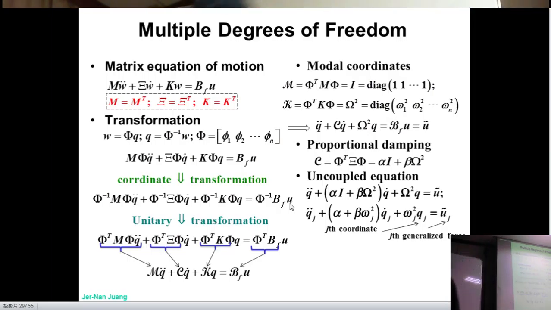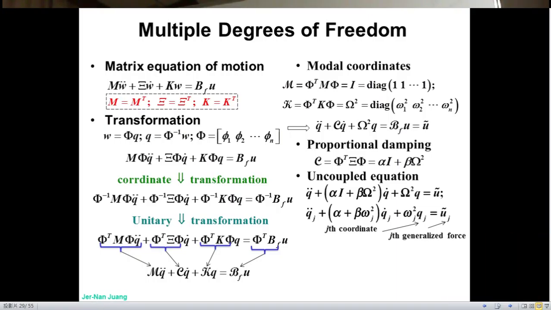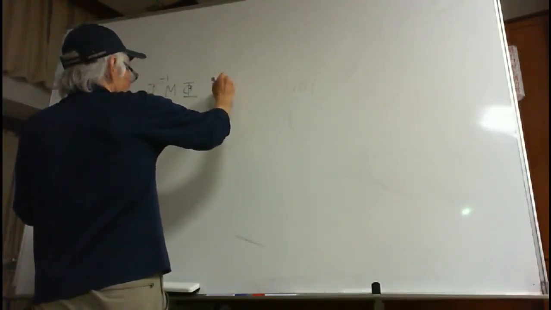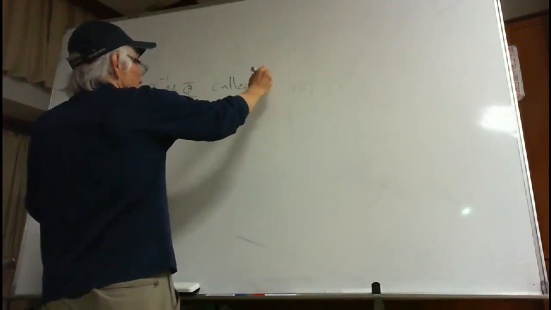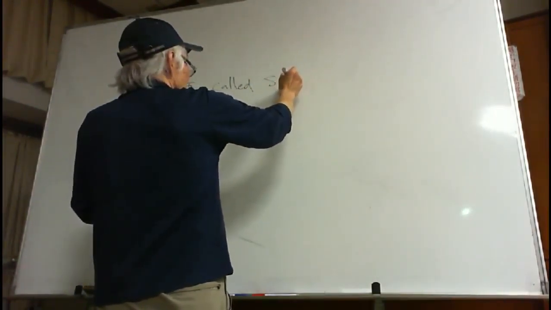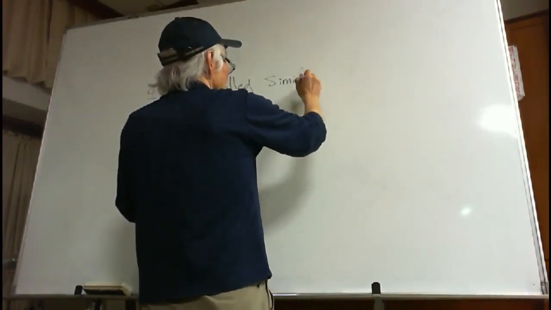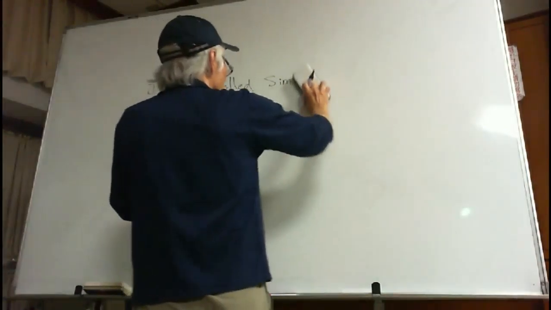This kind of transformation, with phi inverse and phi, is what we call the similarity transformation.